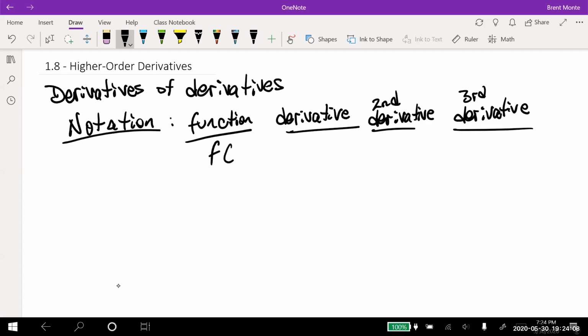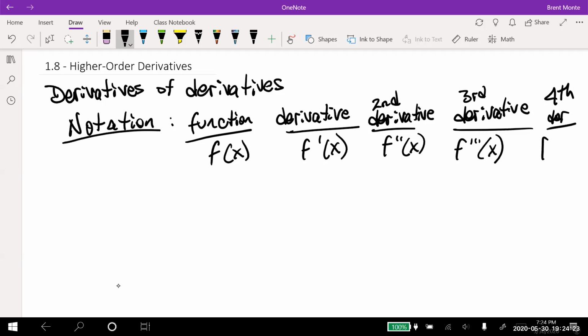So if we have the function f of x, the derivative we know we just call f prime of x. Second derivative, f double prime of x, surprisingly, and then f triple prime of x. Anything actually past there, say we had the fourth derivative, it's f, and then you just put a little 4 up here in parentheses. They don't keep doing little more primes.